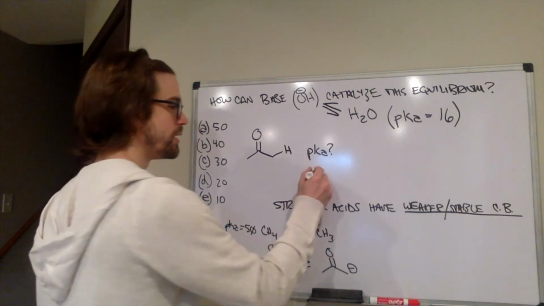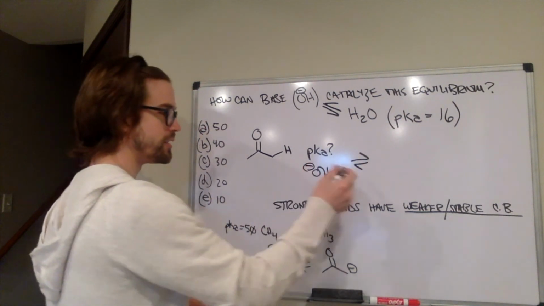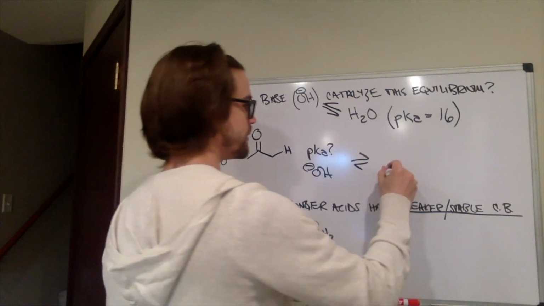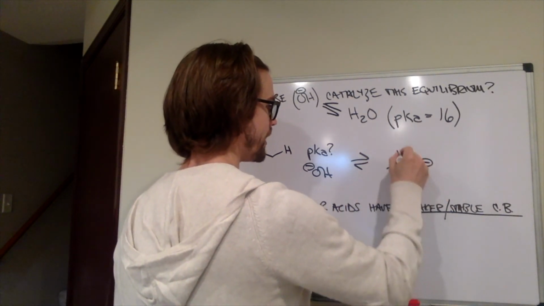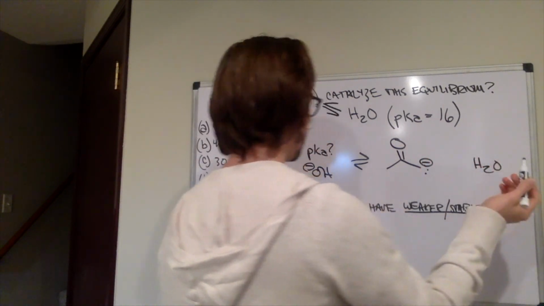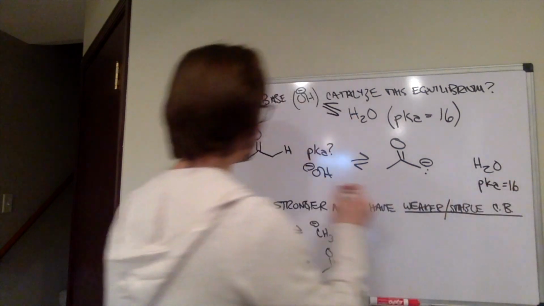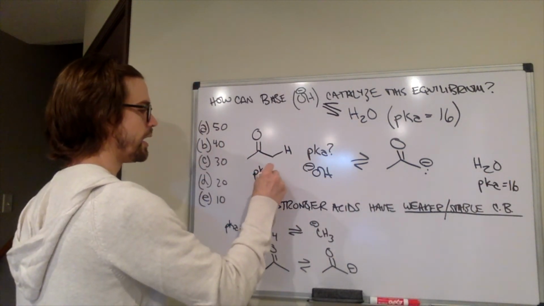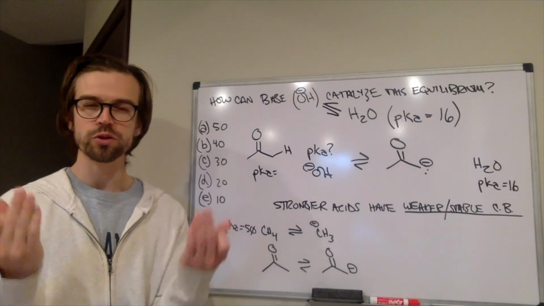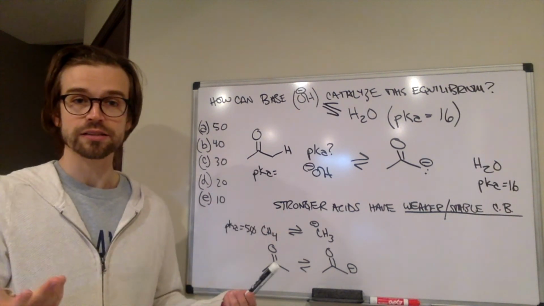Let's look at that real quick. If we have OH minus, we know there's at least some O minus over here, or C minus over here, and H2O. And we know that this pKa, like we said above, is 16. So what is this pKa? How close do they have to be for the equilibrium to be even discussed?